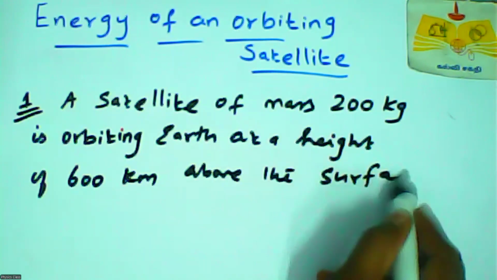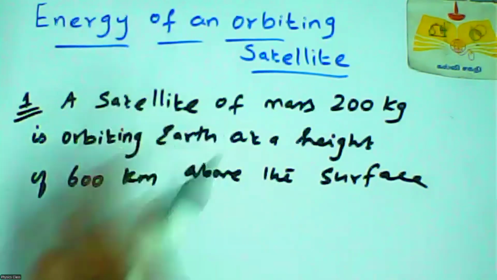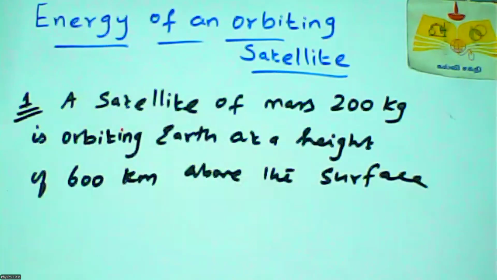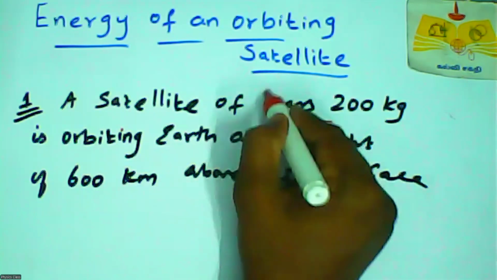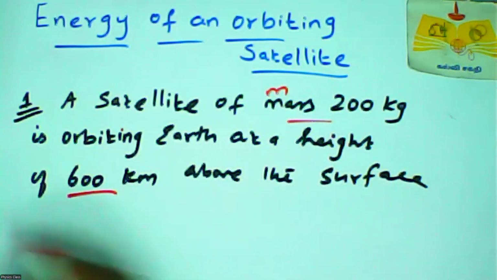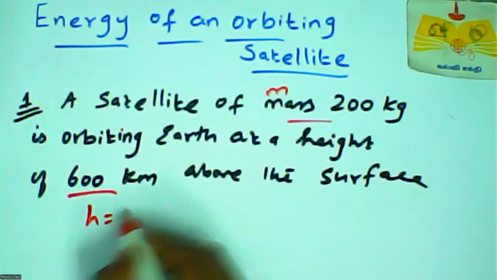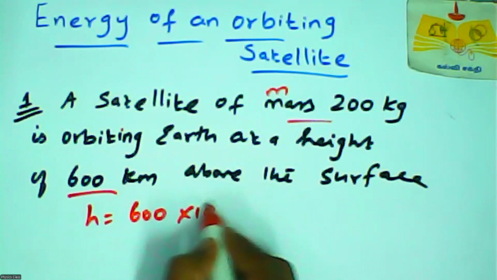So that means h above the surface. Calculate its kinetic, potential and total energy. Clear? Okay. So here the given data: mass m is 200 kilogram and h is 600 kilometer. We have to convert kilometer into meter, so 600 into 10 power 3 meter.